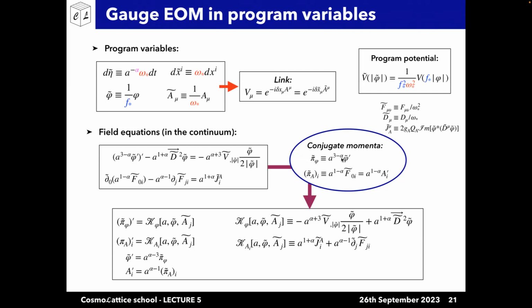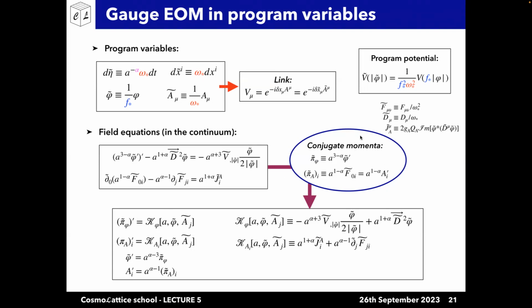So note that the conjugate momenta for the scalar field and for the gauge field are different. They have different powers of the scale factor: in this case a to the 3 minus alpha, in this case a to the 1 minus alpha. And this is related with the different friction terms that appear in the continuous equations of motion that I showed at the beginning of my talk.